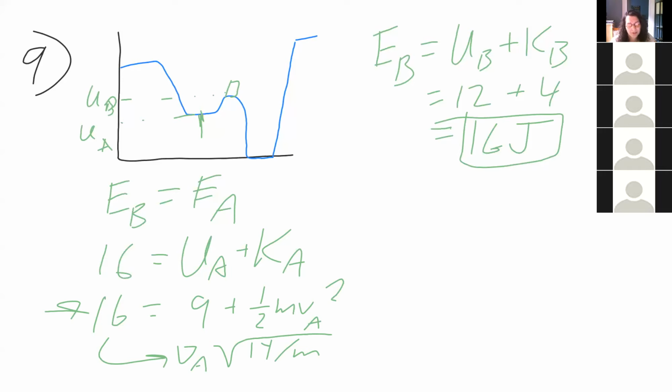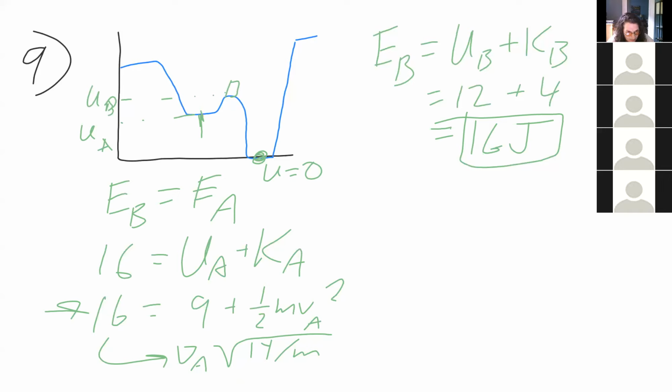Part B, they just give you another position, 6.5. That would be down here. The potential energy there would be equal to 0 joules, so this calculation is actually a little bit easier. Then they ask for the position of the turning point on the right side and on the left side.